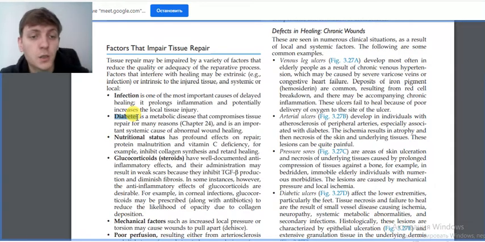Then glucocorticoids. Glucocorticoids actually have anti-repair effects, like they inhibit TGF. So the scar becomes weak, and we cannot produce a normal scar. And that's why sometimes in diseases where we have to prevent scar formation, we use glucocorticoids, steroids. Same as in coronavirus.